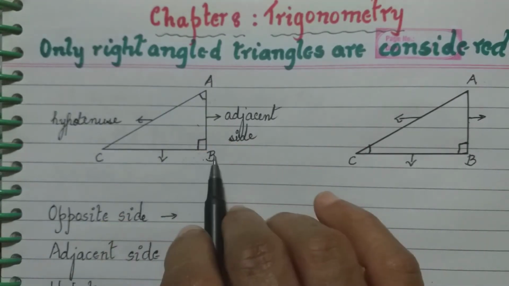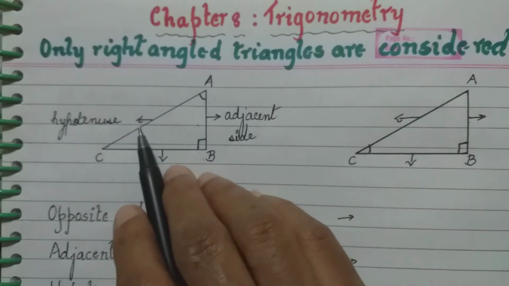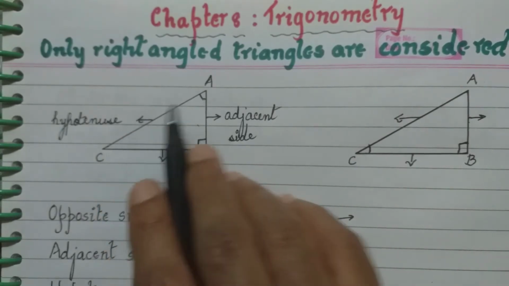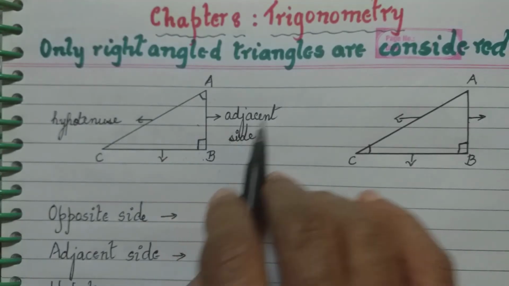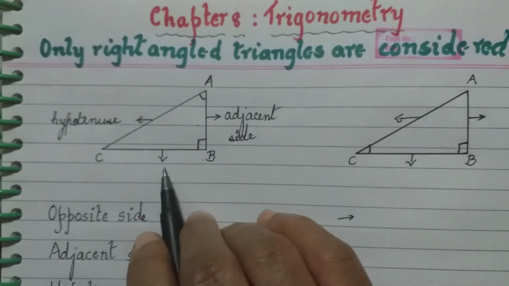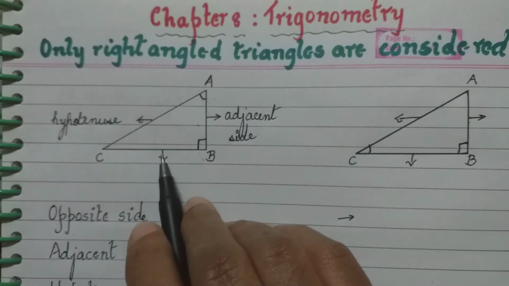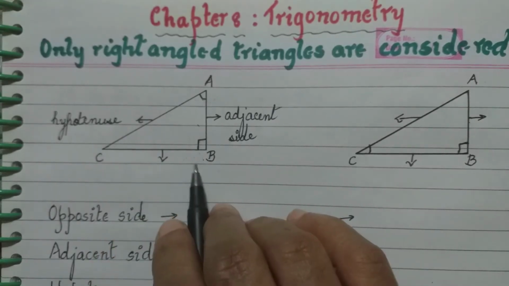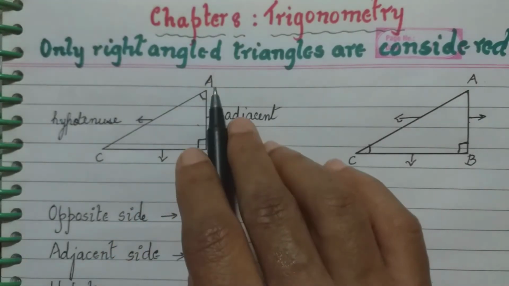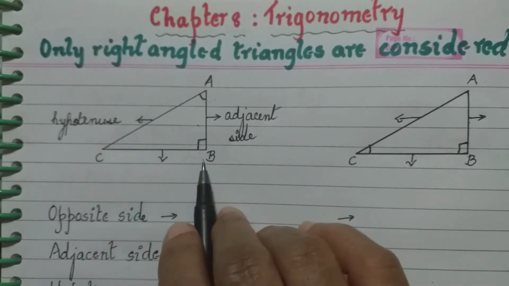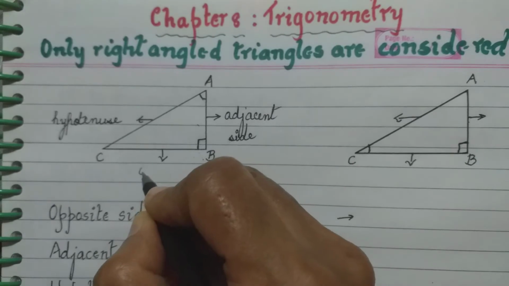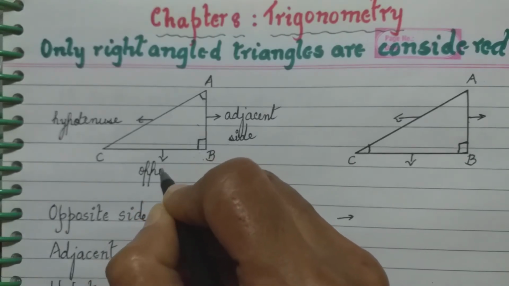Whenever we have a triangle, it is best to first mark the hypotenuse, and then in relation to the acute angle we mark the adjacent side and then the next side. Now this side BC is opposite to this vertex A. Therefore side BC is referred to as the opposite side.